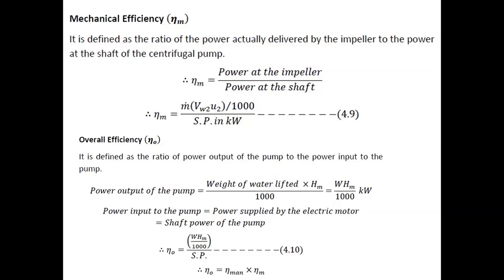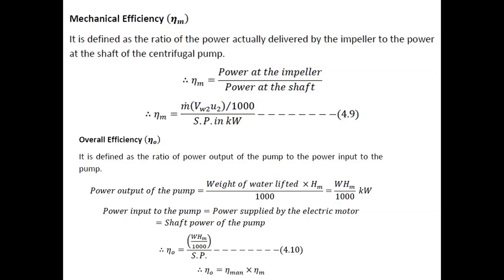That is, impeller power to shaft power. Impeller power is mass flow rate into Vw2 U2 upon 1000, and shaft power is in kilowatt. This is the mechanical efficiency.